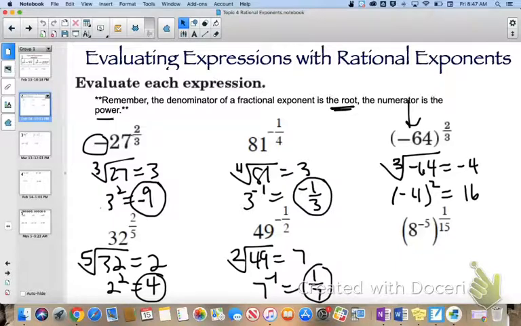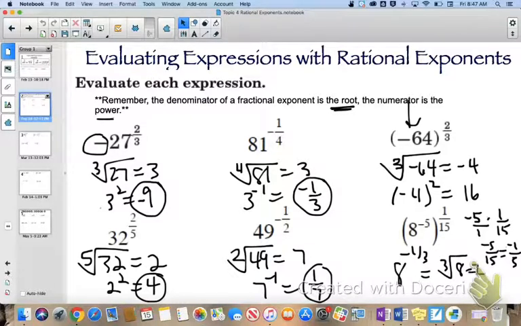Now the next one, you've got power to a power here. So remember when it's power to a power, we multiply those powers. So negative 5 times 1 over 15, when you multiply that, you get negative 5 over 15, which is negative 1/3. So we're going to do 8 to the negative 1/3. Cube root of 8 is 2. 2 to the negative 1 is 1/2.